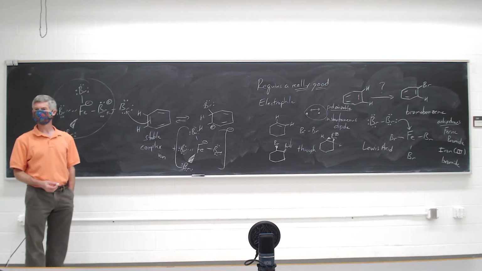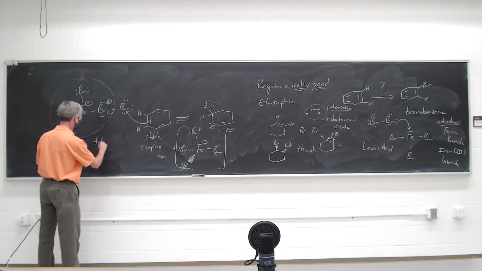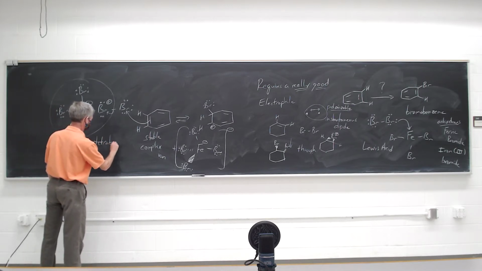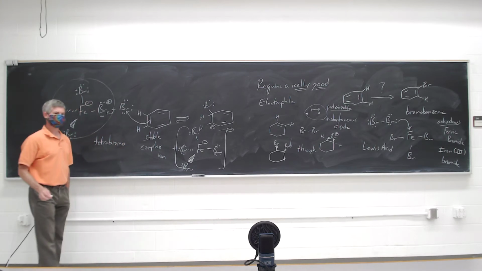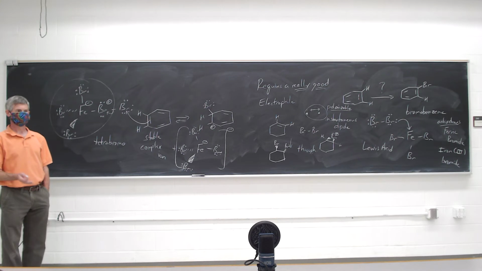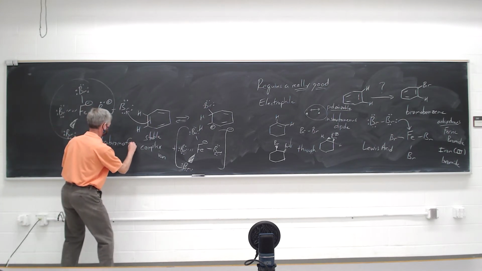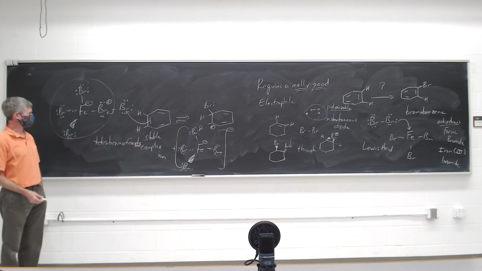Just to recall, what's the name of that complex ion? Anyone? Four bromines. Tetrabromo. It's an iron. Ferro, right? Yeah, ate, so it's tetrabromoferrate.